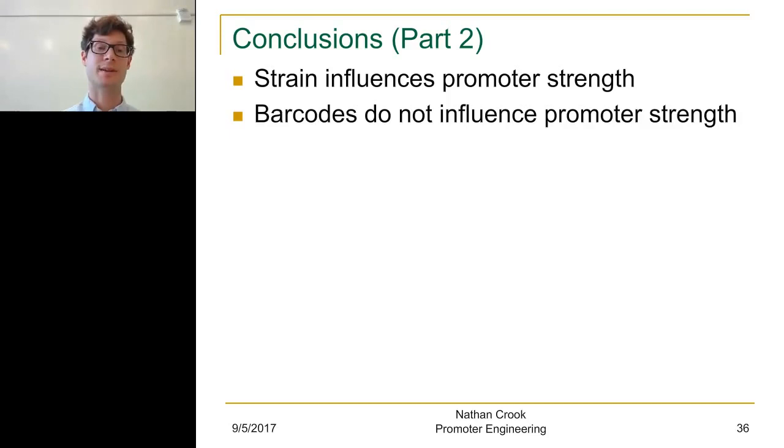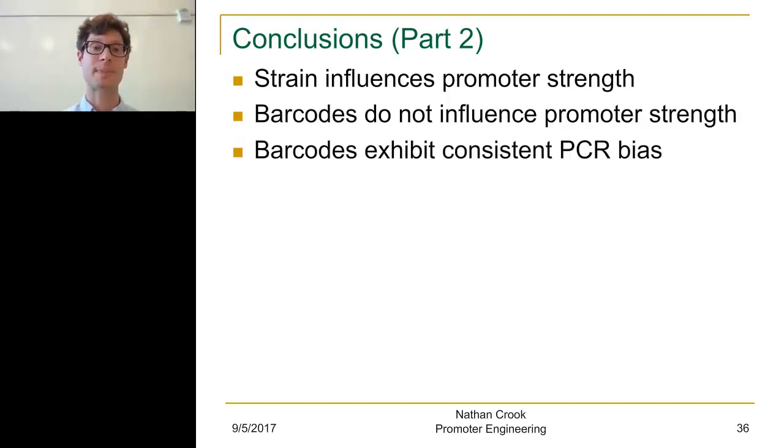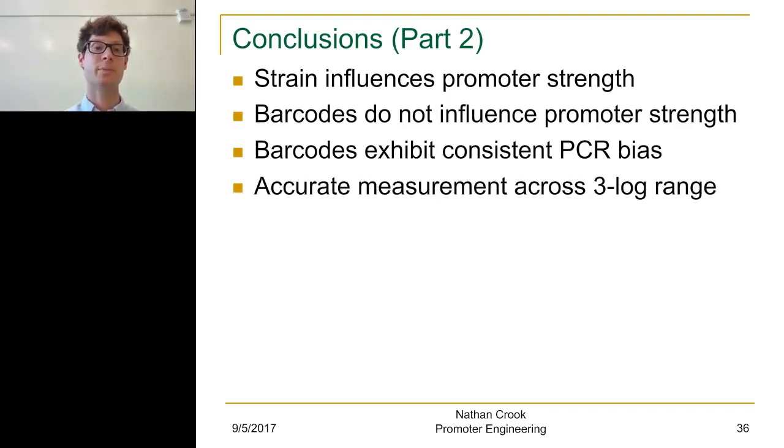The barcodes themselves do not influence promoter strength, the barcodes used for measurement, but the barcodes do exhibit a consistent PCR bias, and that's something that is very important because a lot of amplicon sequencing could potentially be affected by PCR bias if this is true. We observe accurate measurement across a 3-log range if we use this barcode bias as a correction.